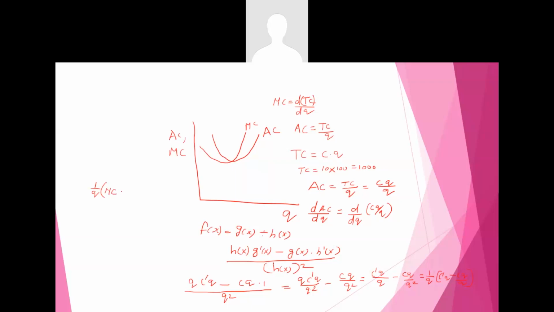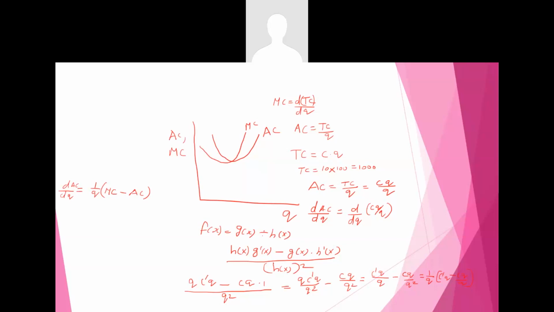What is c dash q? C dash q is the first derivative of total cost, which is marginal cost, minus cq by q. CQ is total cost divided by output, that is average cost. So this is what we get when we differentiate dAC by dQ.